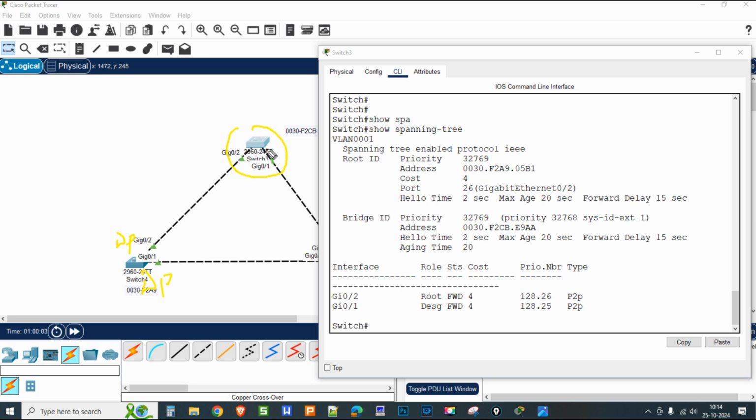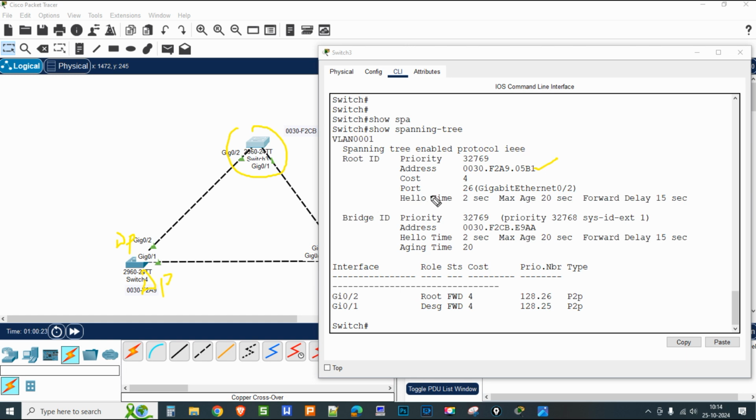This switch MAC address is 0030F2CB E9AA. By comparing the MAC addresses, this one is the lowest value, so it became the root bridge. Then the root bridge sends the information to all the switches: I am the root bridge, and then the root ID information.